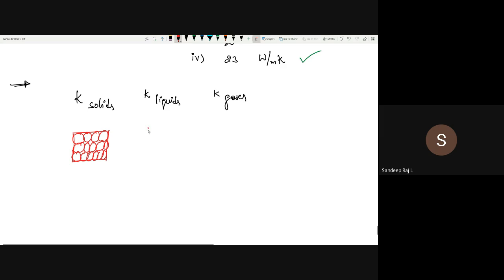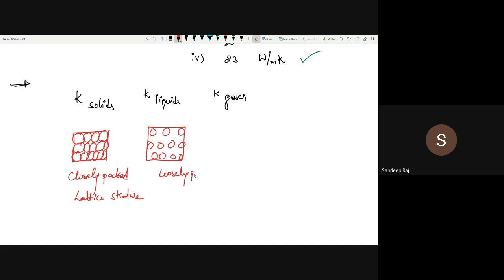And when it comes to liquids, they are loosely packed. This is a closely packed lattice structure, and this is a loosely packed lattice structure. And when it comes to gases, what happens here?